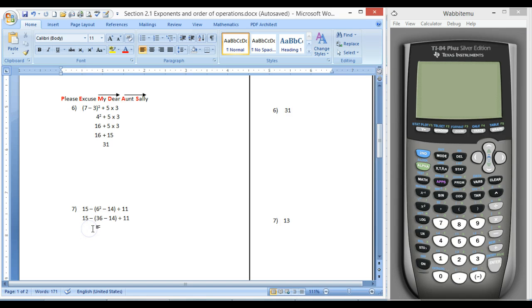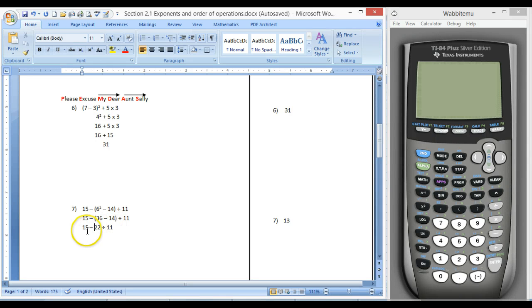That's because I didn't finish the parentheses. I only did the first operation, which was the squaring. So now I need to subtract. 36 minus 14 gives me 22. And now that I've gone through and done the parentheses, I can take those off now because I finished all of the operations. And there we go.